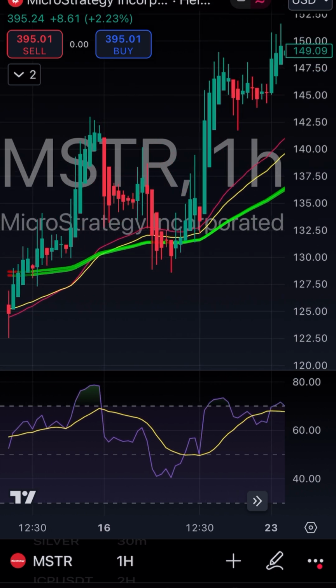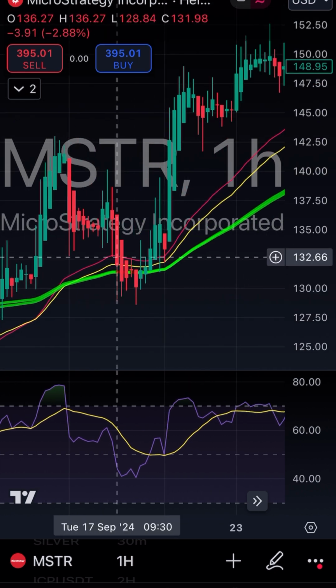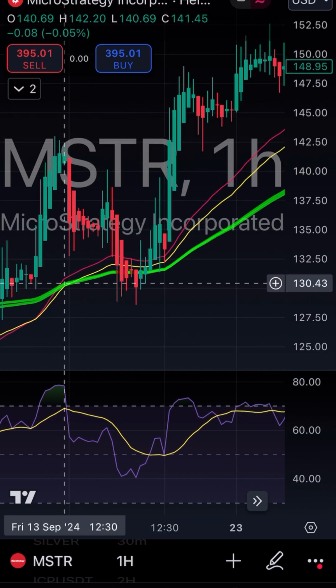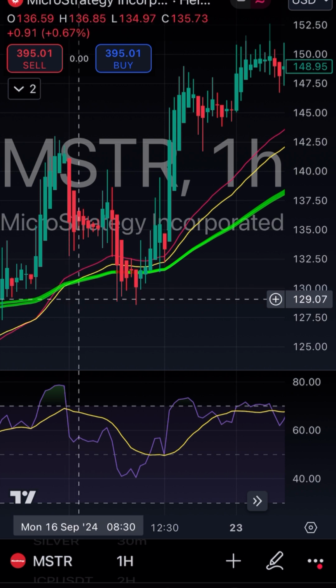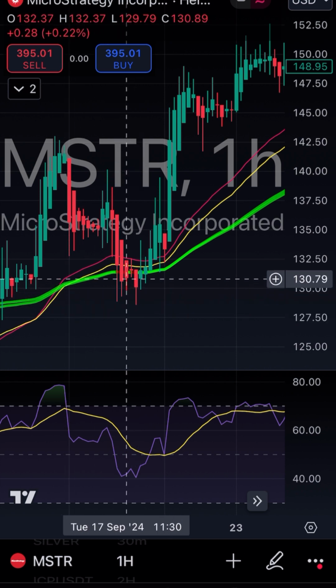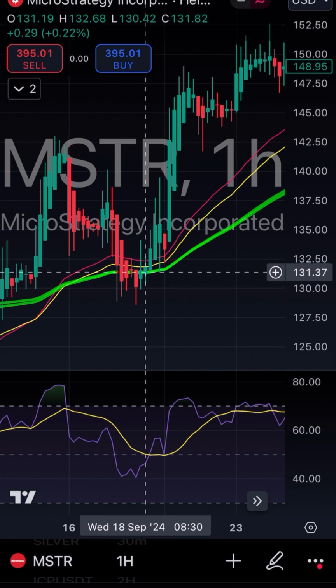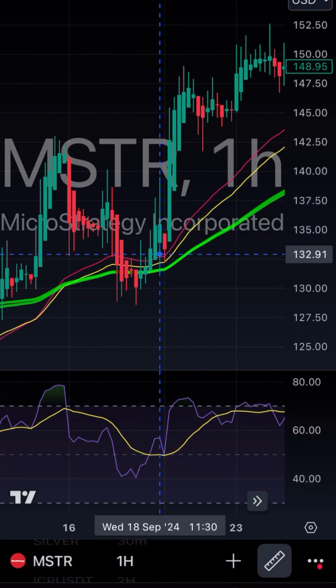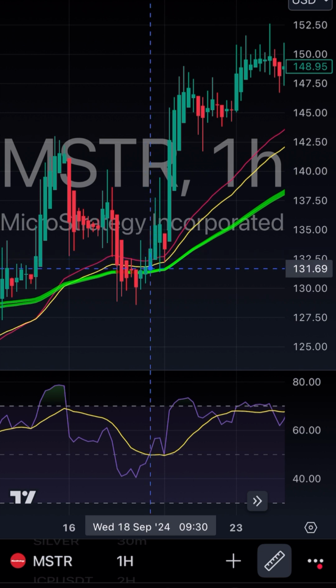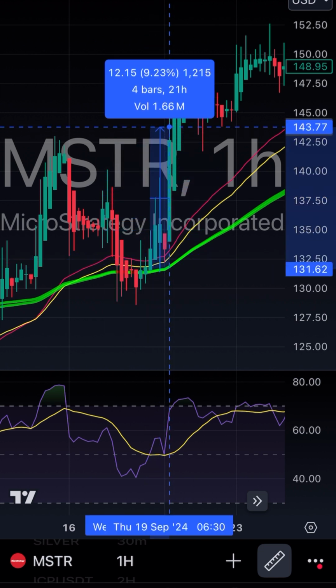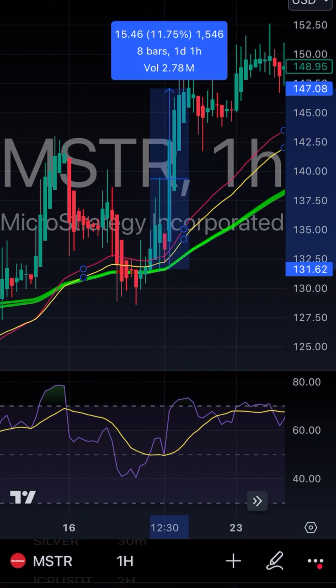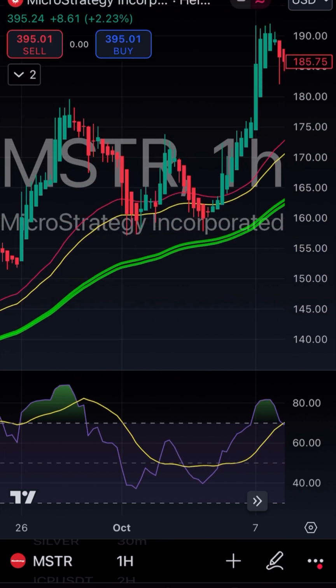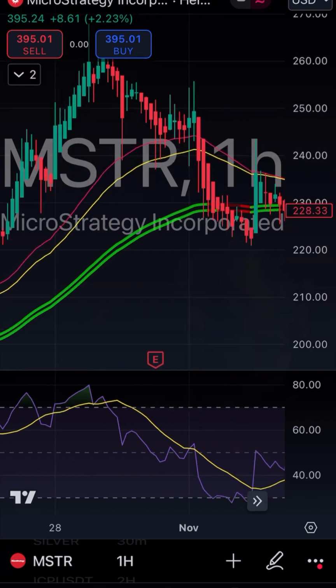MicroStrategy crosses right here. You would see that it crossed right here. And then if you want to do options, you would come in on all the moments where the RSI crosses up. So you can either buy or do options, but options are expensive. So you can ride that move right there. So it works for both, whether you want to buy a stock or do options with it.